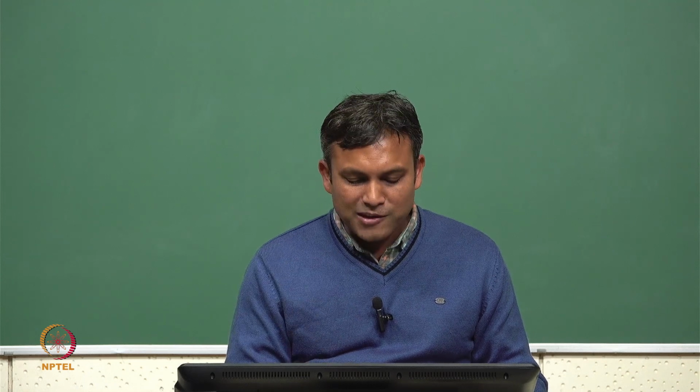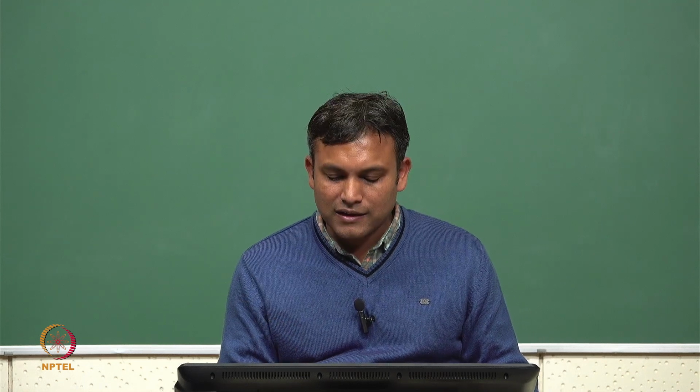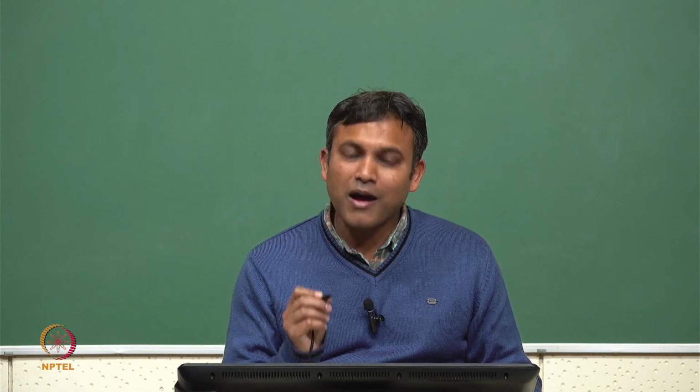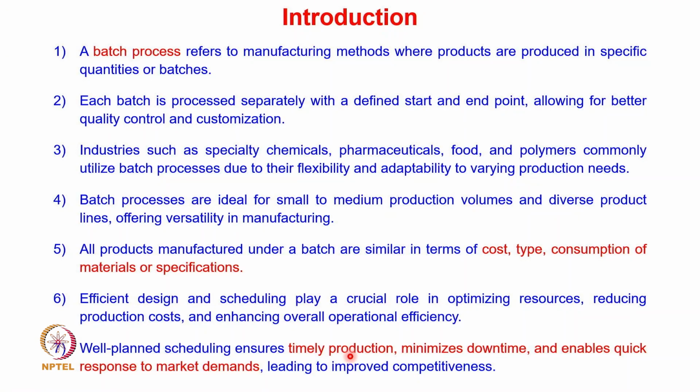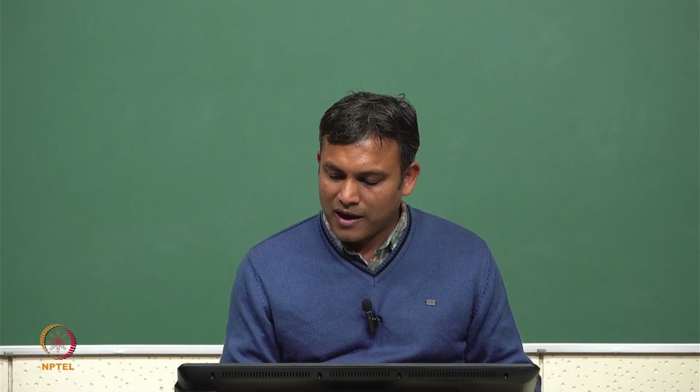Whenever we are using batch processes, the important aspect to look at is that we want to minimize the downtime, so makespan we have to minimize. Again, we want timely production, so the tardiness of the product order is minimized. Also, late orders should not be there.